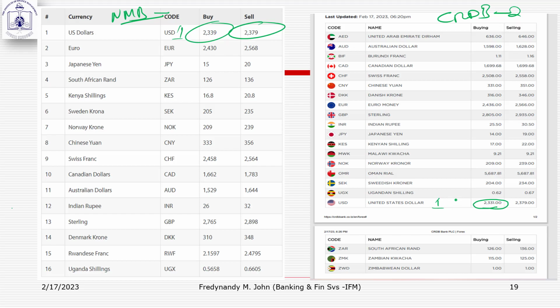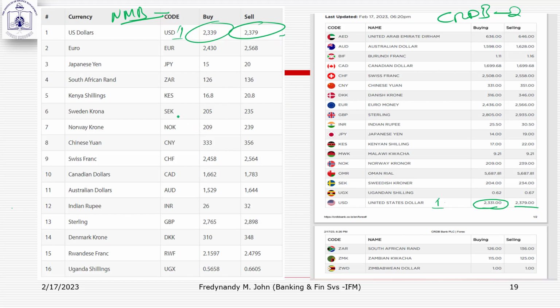However, if you are the one who wants to buy USD from him, then this dealer is willing to sell you 1 unit of United States dollar at the price of 2,379, which is exactly the same as dealer 1.